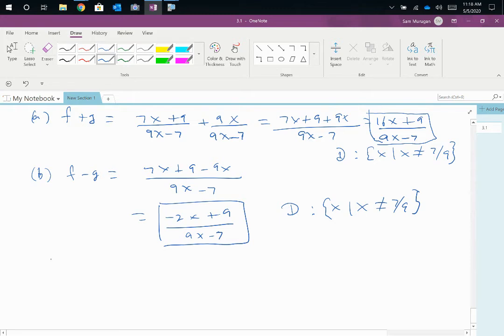If we were multiplying the functions, f times g, we would have 7x plus 9 over 9x minus 7 times 9x over 9x minus 7. In this case, we would need to do FOIL.